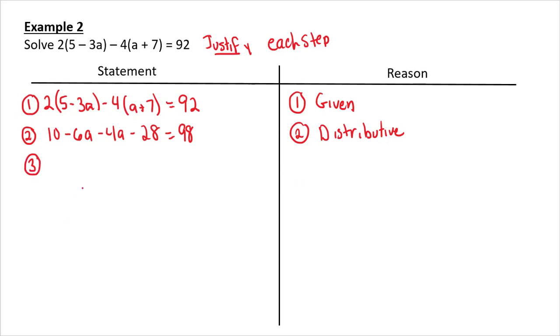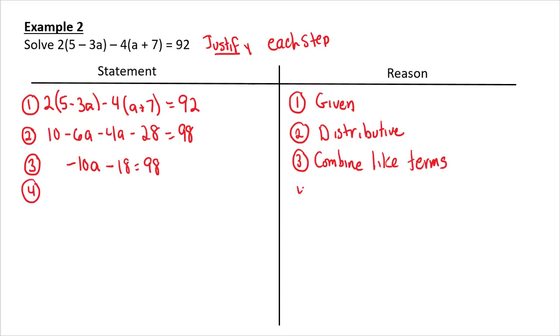Next step, 3. Okay, combine like terms. Negative 6a minus 4a. I always like to do the variables first. And then we have minus 18 is equal to 98. And that is combined like terms, I'll say. I know that that wasn't one of our official reasons.